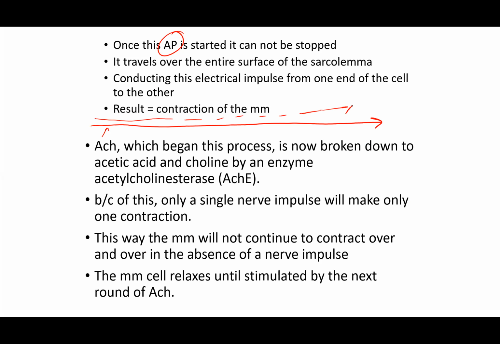Okay, once acetylcholine does its job, once acetylcholine crosses that synaptic cleft to the postsynaptic membrane, and after it's used, it is now broken down. Your body takes the acetylcholine and breaks it down to its acetic acid and choline components.